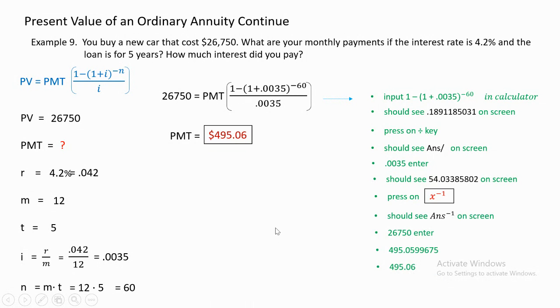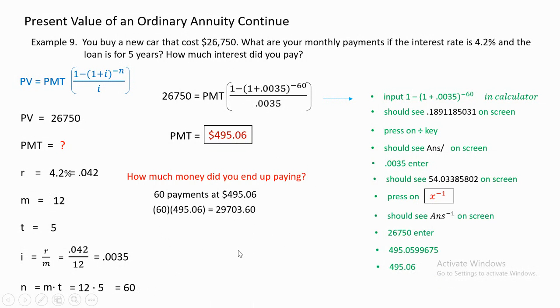Okay. Now let's see how much money came out of your pocket. How much money did you actually pay for the car, even though the car was 26,750? So how many payments? The payments are 60 payments of $495.06. So let's multiply those.